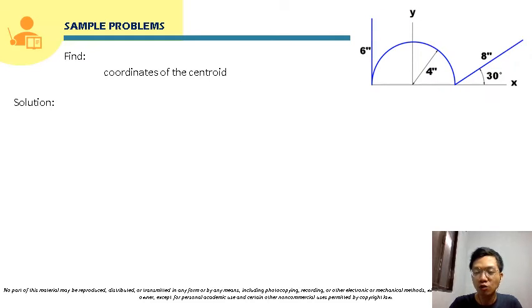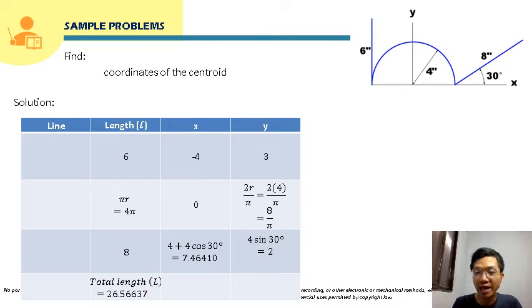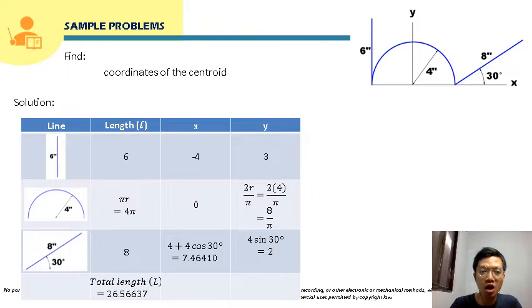To solve this, we are going to divide this composite line into its component parts. Its component parts are the 6 inches line, the 4 inches radius semicircular arc, and an 8 inches inclined line, which is 30 degrees from the horizontal.